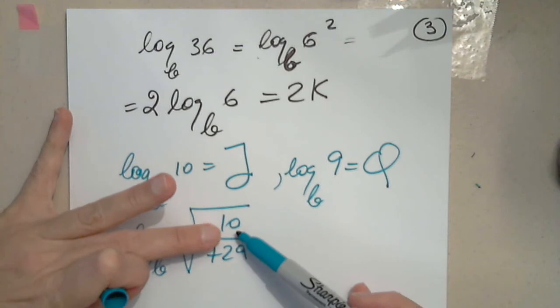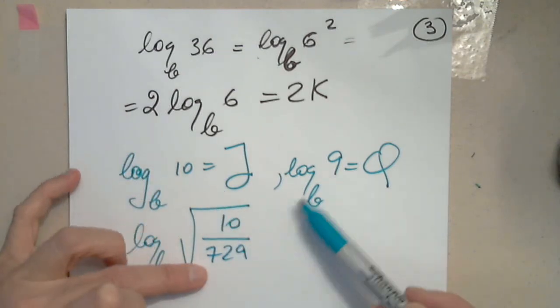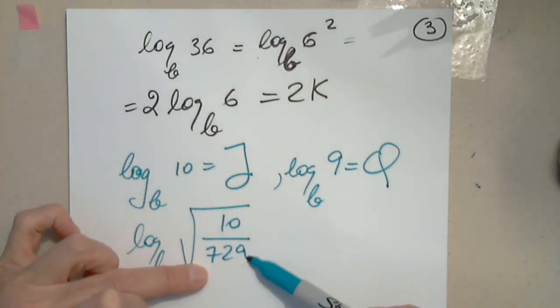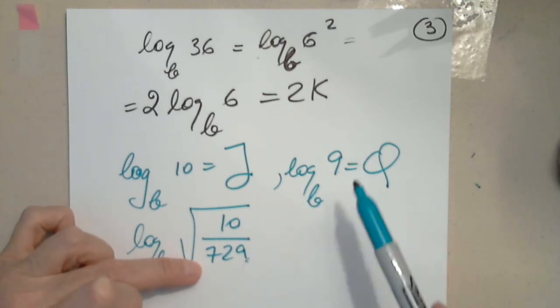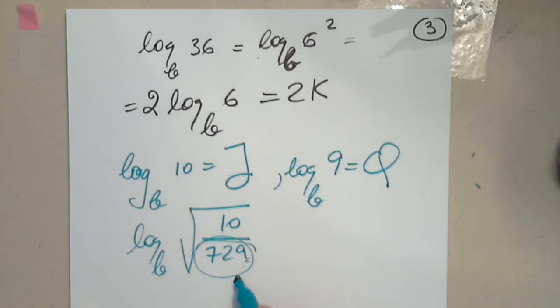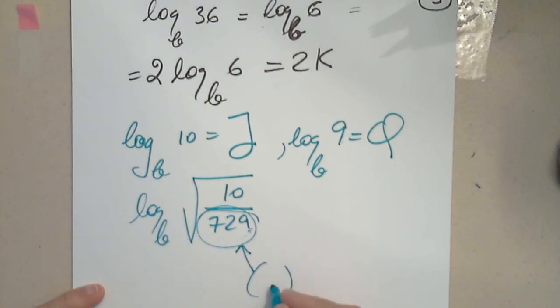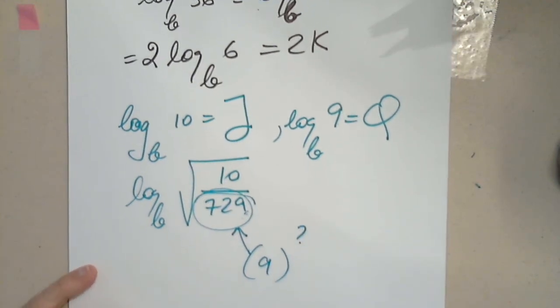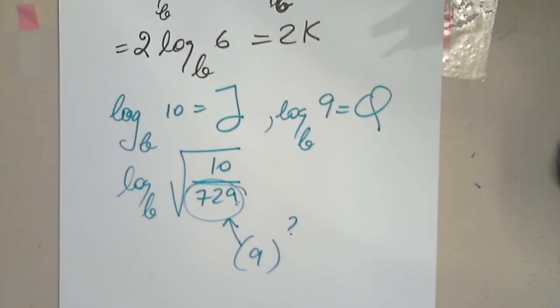Okay, so 10 is here. I just want to see what this 729 is. I'm hoping it's a power of 9. So is this a power of 9? Can anyone tell us whether it's a power of 9 or not? Because if it is, then from here on, it's a very interesting problem. From here on, we have the answer right away.